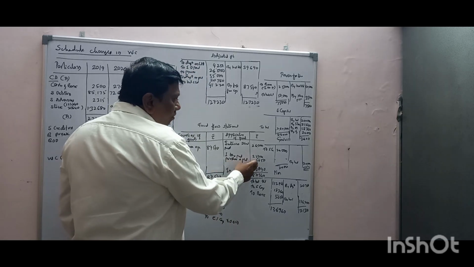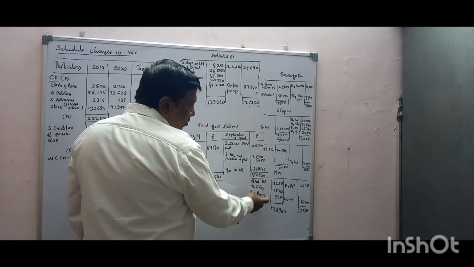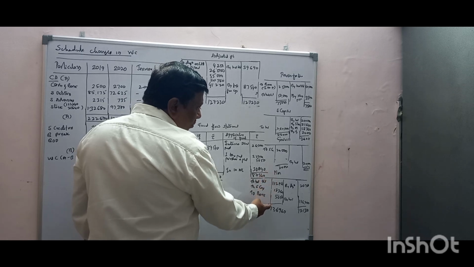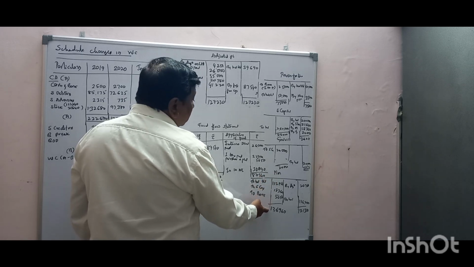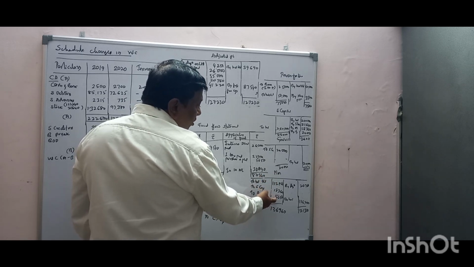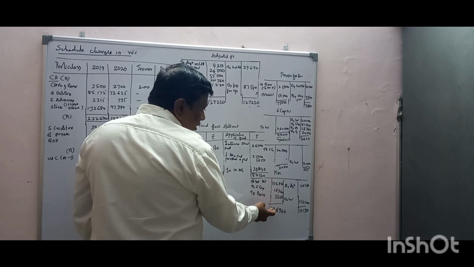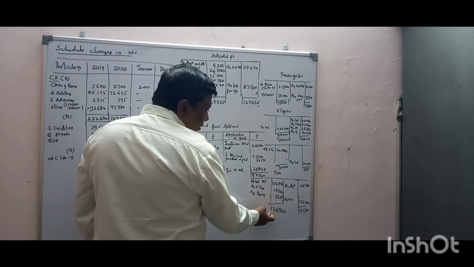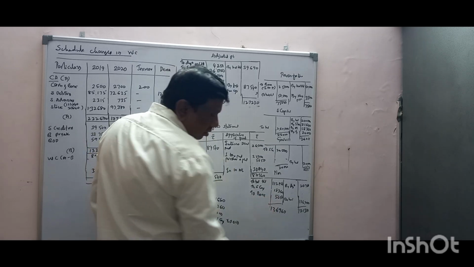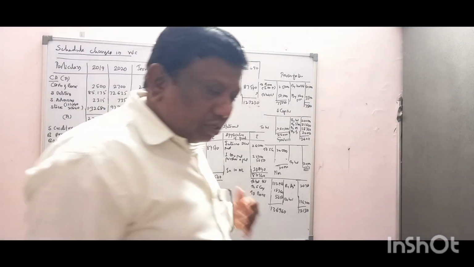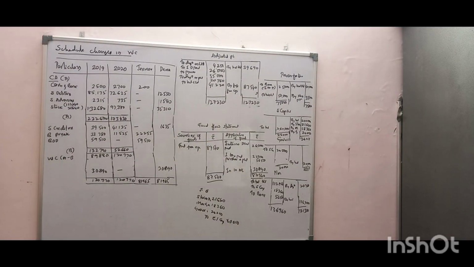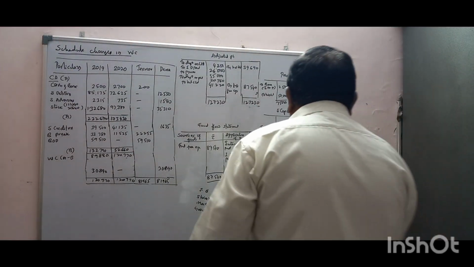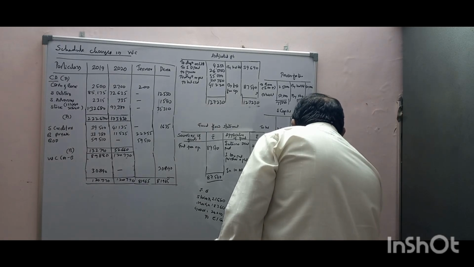Now plant and machinery depreciation should again be a difference, because I had neglected this last adjustment. The total of opening, share capital and purchase is 1,39,960.